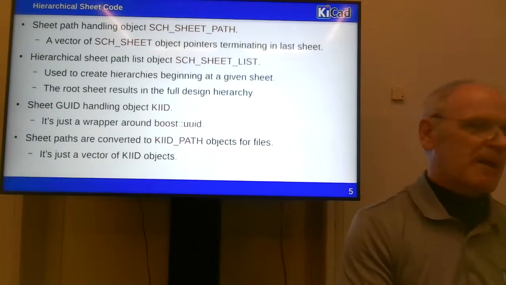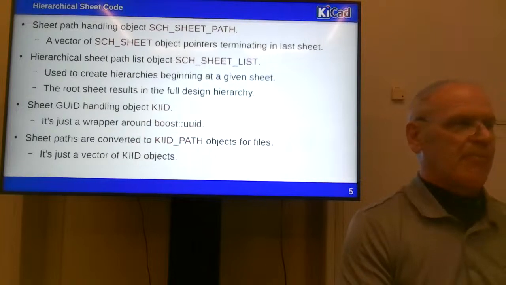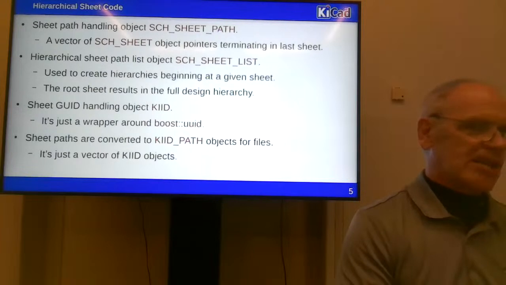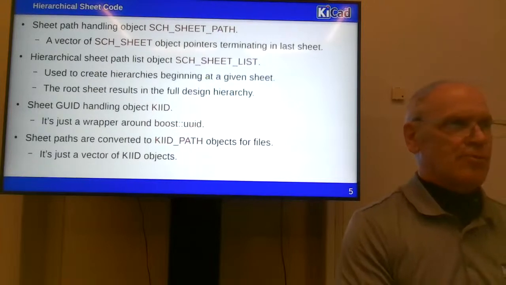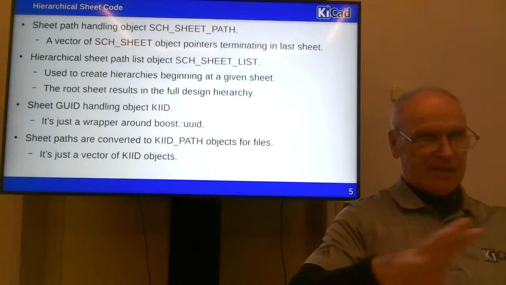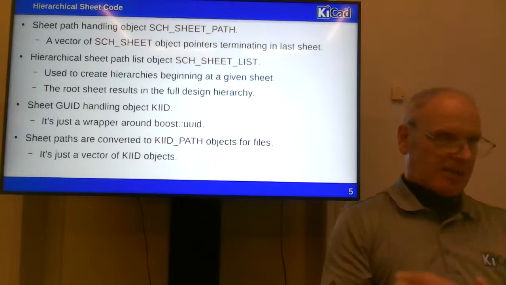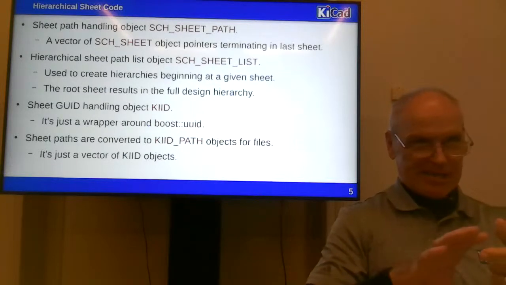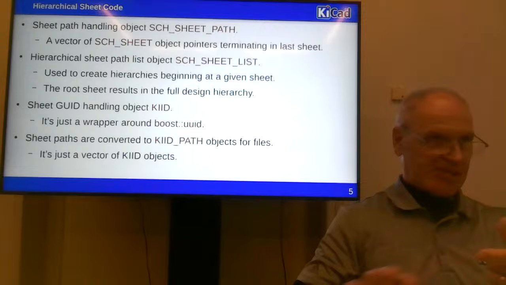So it's fairly inexpensive. And what we do is we have another object that maintains the list of those called SCH sheet list. And if you give the SCH sheet list the root screen, you get the full hierarchy for the entire schematic. You can also give it a sub sheet and you can just work on a hierarchy list for a certain section of the schematic as well.